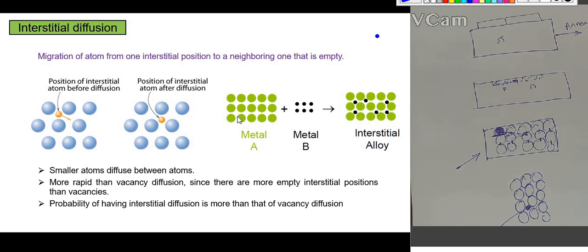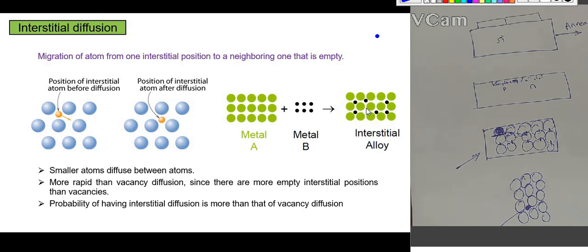And here for alloying, this is the parent metal, for example iron, that is metal A, and this is the interstitial impurity, that is metal B. So during the alloying process, what happens? These metal B atoms occupy the interstitial positions of the atom A, and we can form an interstitial alloy.